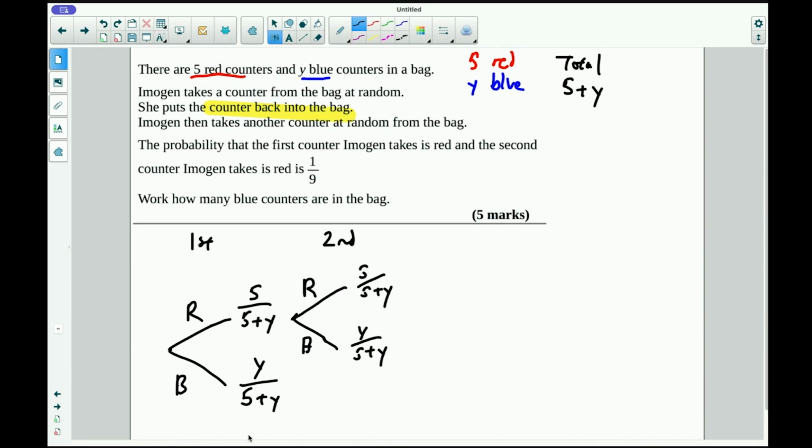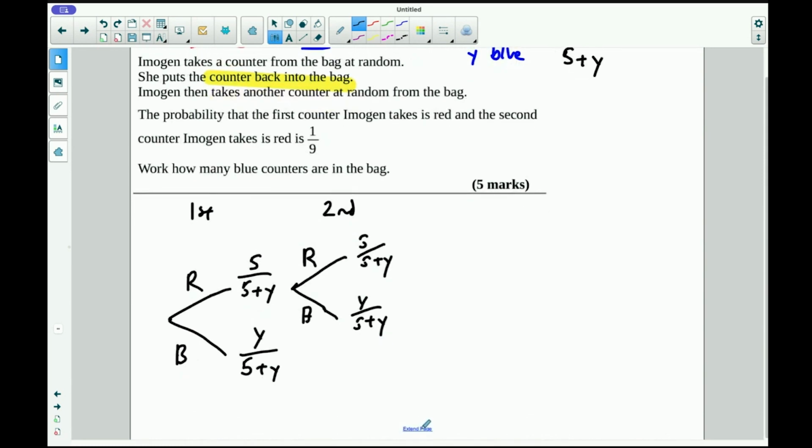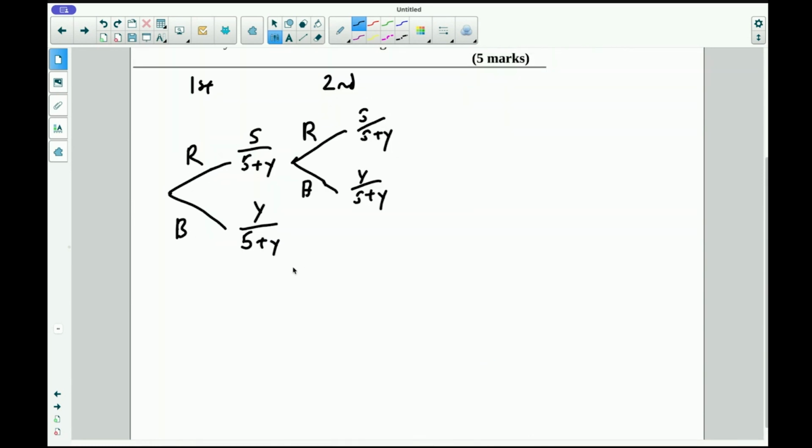Okay, so they stay the same. Nothing changes. All right. So again, we're just talking ourselves through it. Does it make sense if things change or if they don't change? Okay, so again, red, and we've got blue. So we've got 5 over 5 plus y, and then y over 5 plus y.